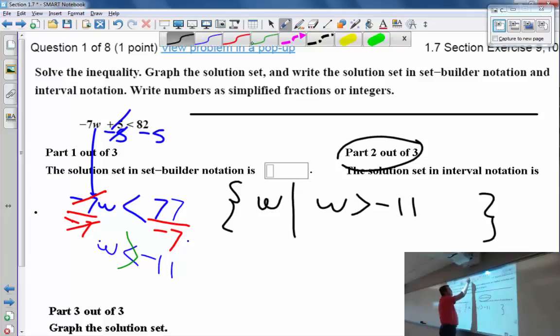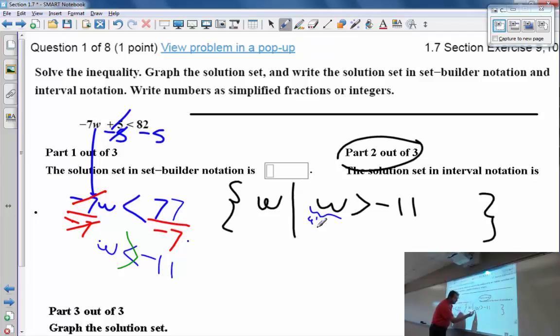What kind of sentence? Just turn this into a sentence. What does this say? W means numbers. All numbers. Okay, what is the rest? What does this mean? Greater than.